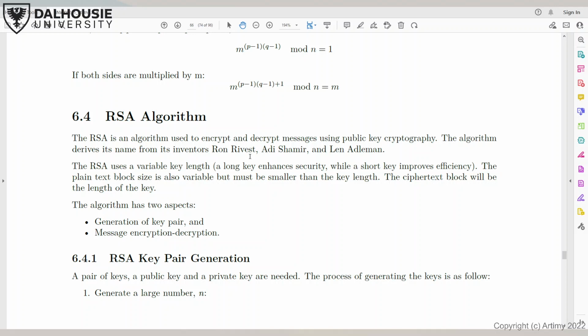First of all, we need to understand how to generate the keys. So that has two aspects. In fact, in public key cryptography, the algorithm itself is simple modular arithmetic. The key is the challenge. While in secret key cryptography, the key is just a random number.